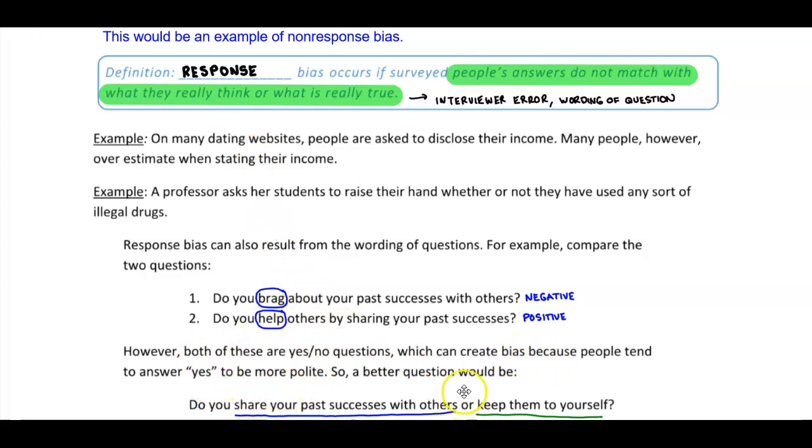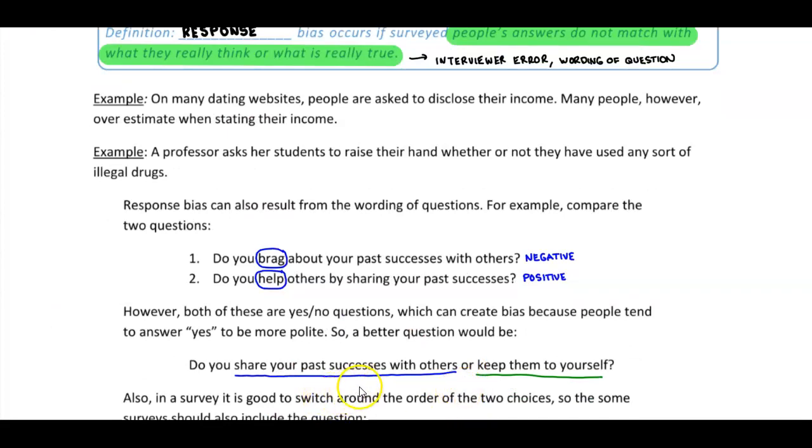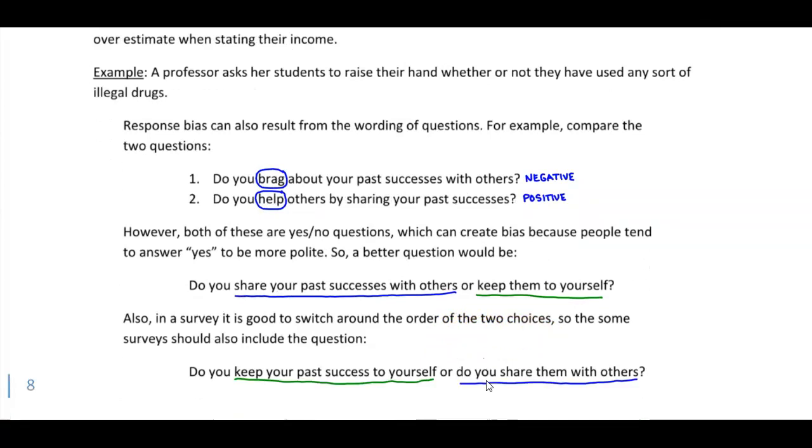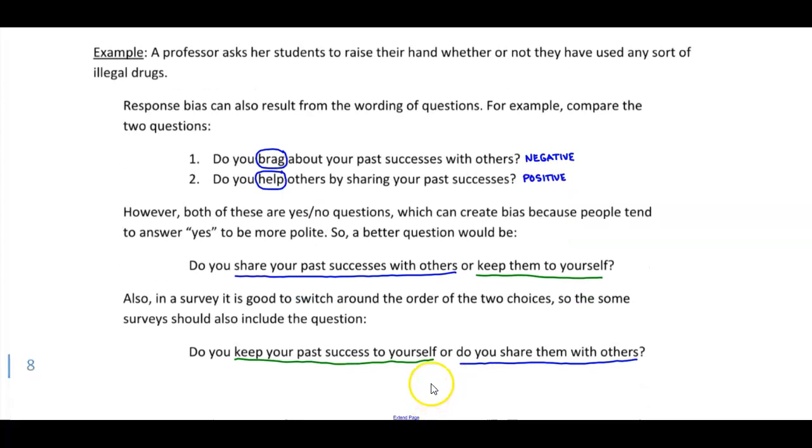So a better question would be, do you share your past successes with others or keep them to yourself? Also in a survey, it is good to switch around the order of the two choices. So some surveys should also include the question, do you keep your past success to yourself or do you share them with others?